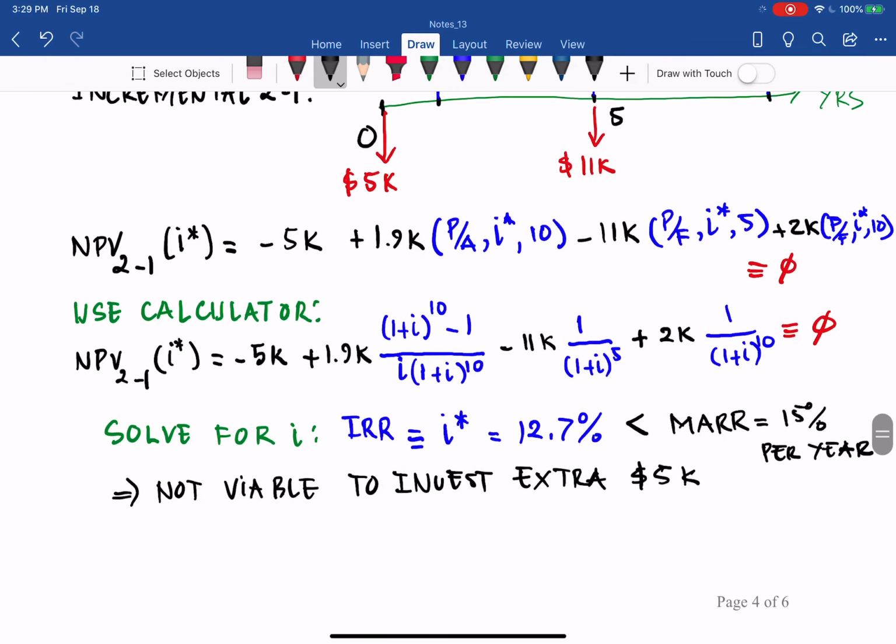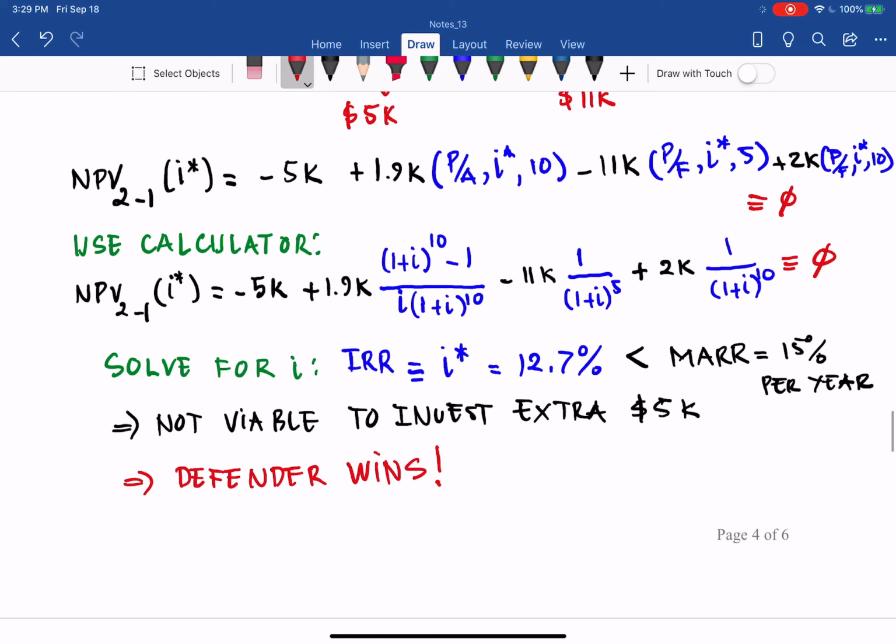So what does that mean? It means the defender wins. So choose the least initial cost, manufacturer 1. So that should be the answer.